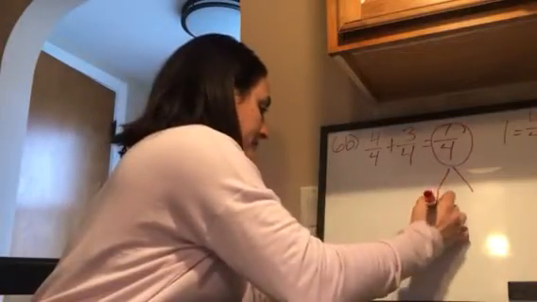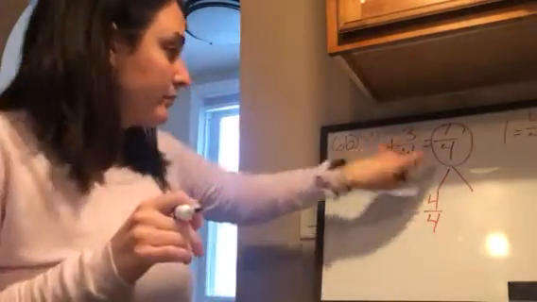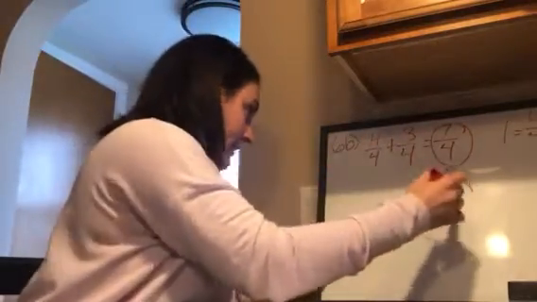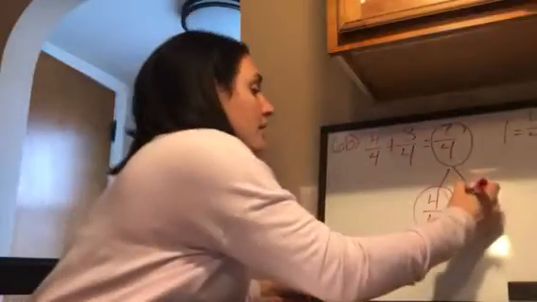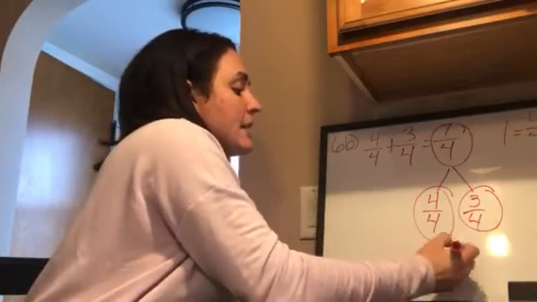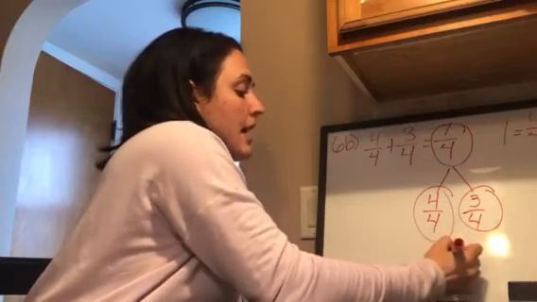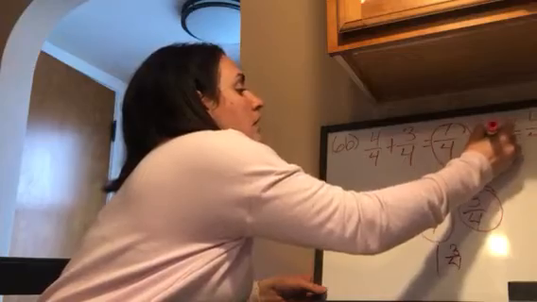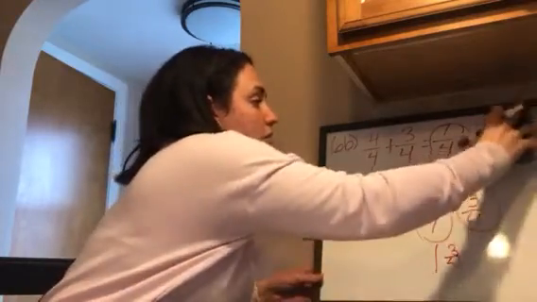So over here, this is 4/4. And if I take away 4/4 from 7/4, I'm left with 3/4. And that's like saying our mixed number is 1 and 3/4. So this would equal 1 and 3/4 there for you.